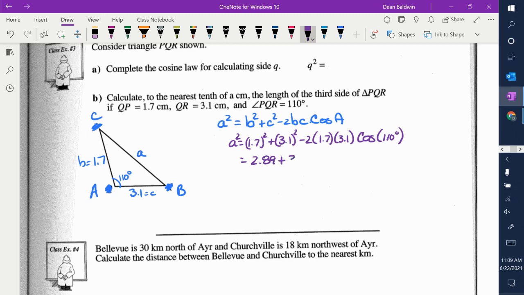And you should practice this one just because this is something you would see on a test. It's more about practice with the calculator.